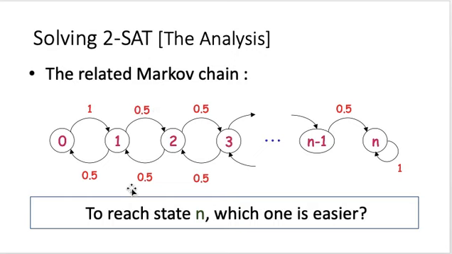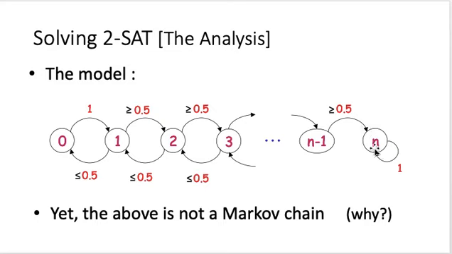But if you compare the two processes, our goal is always to reach this state n. This is the case where we can exit the loop, or this is the state where we can find a satisfying assignment. So we want to reach this n.